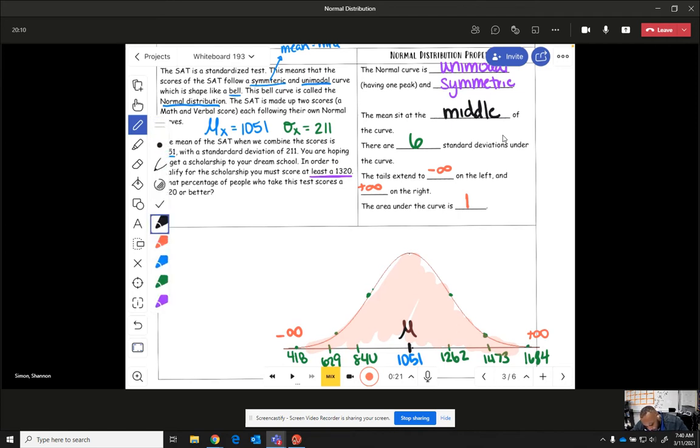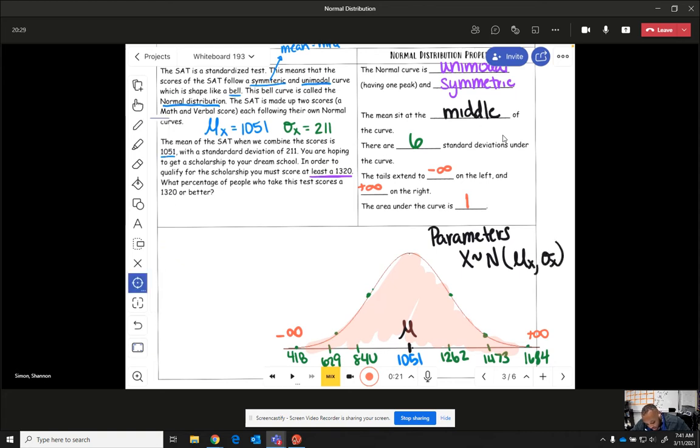So here's how we define the parameters for a normal distribution. Just like we did in the binomial, we're going to say that x follows a normal distribution with 2 parameters, a mean mu of x and a standard deviation sigma of x.